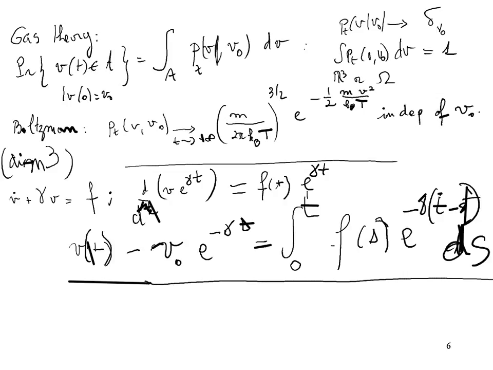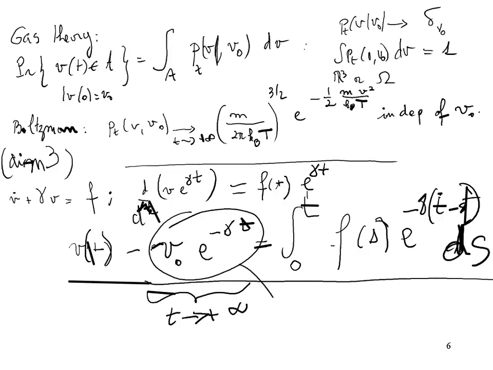Okay, so now if we go to the limit where gamma t is large, clearly the term V0 exponential minus gamma t, as t goes to infinity, converges to 0. So all of this goes to 0.